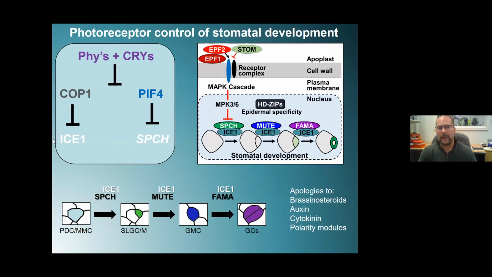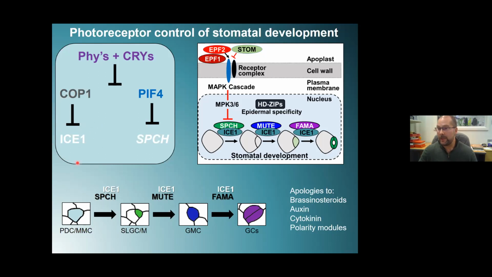I should say that COP1 is an E3 ubiquitin ligase, and it was known because it had been found in light signaling screens to target light-regulated transcription factors for degradation by the proteasome. And here it was targeting ICE1 for degradation.